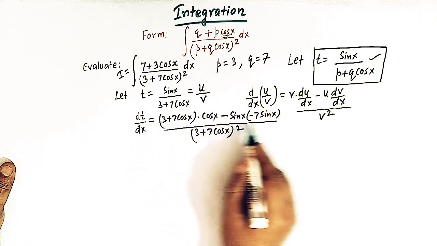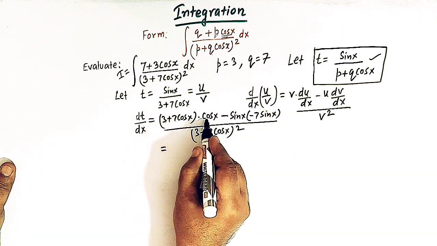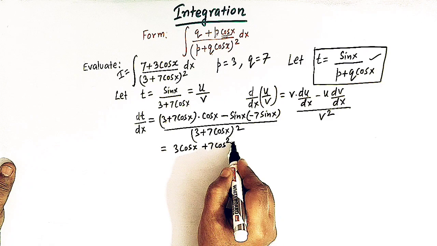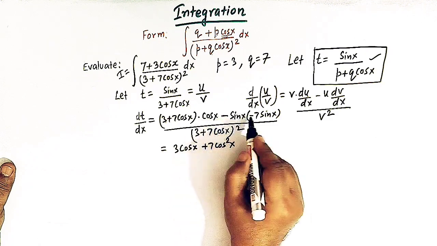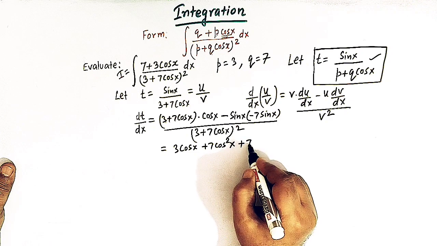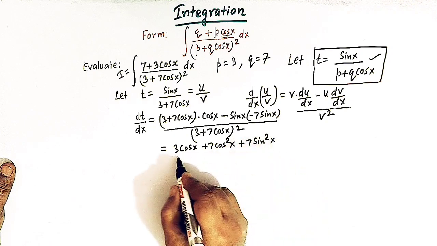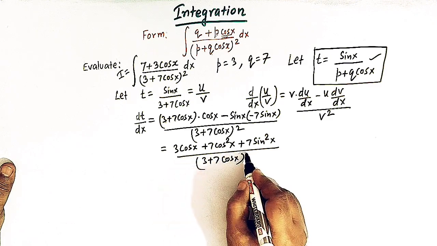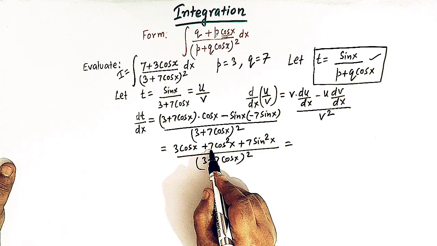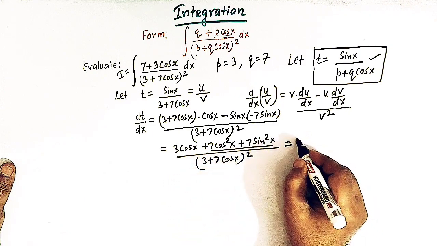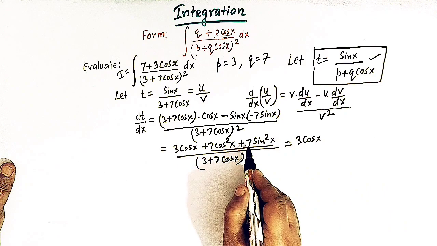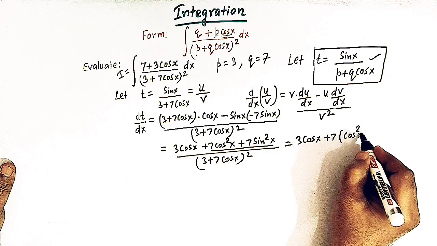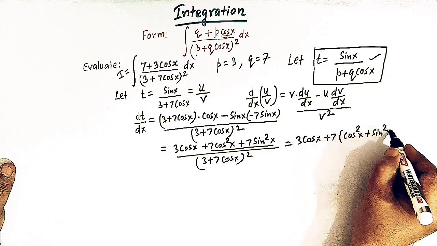Now we can simplify the numerator. We have 3 cos x, then 7 cos square x, and a minus and minus multiplied together becomes plus, so we have 7 sin square x, divided by 3 plus 7 cos x whole square. Now we have 3 cos x, and here we can take 7 common, so we have cos square x plus sin square x.